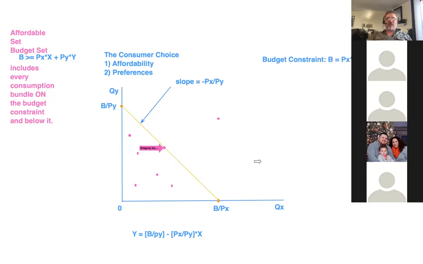So I'll also say here that consumption bundles on the budget line exhaust, meaning they cause all of the consumer's budget to be spent, the budget of the consumer.